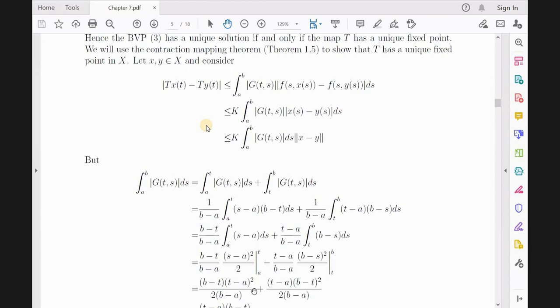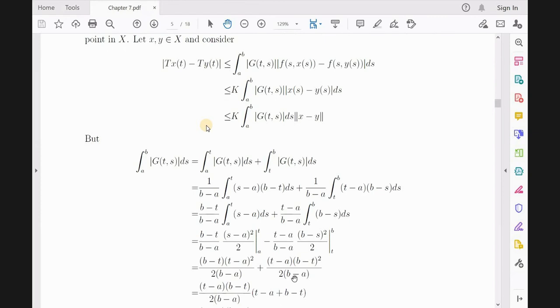Just substitute the upper limit: this is (b minus t)(t minus a) square over 2(b minus a) minus the lower limit, which is just 0, plus (t minus a) into, in place of s, substitute the upper limit, which is 0, minus the lower limit, which is (b minus t) square over 2(b minus a).